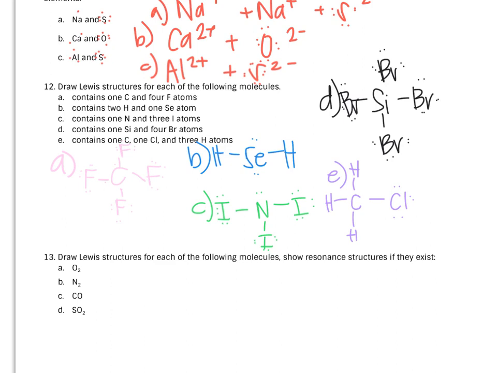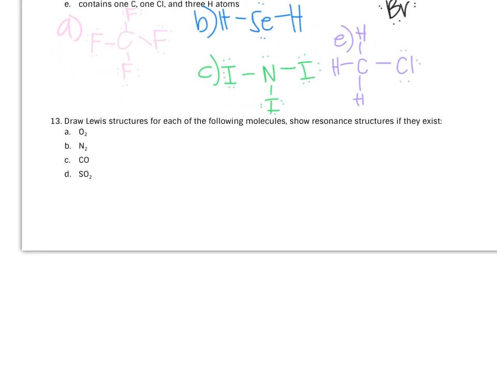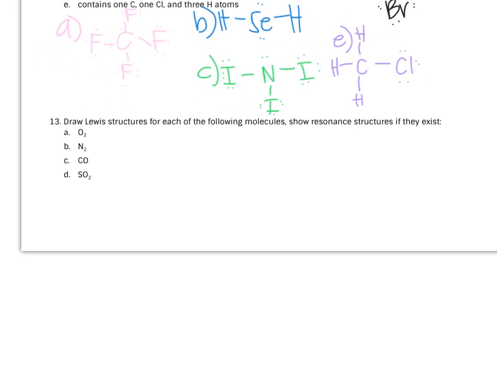Okay, so let's look down at 13, which challenges us a little more. So for A, it has O2. So we have oxygen with 6. We know it's going to form at least a single bond with the other oxygen.